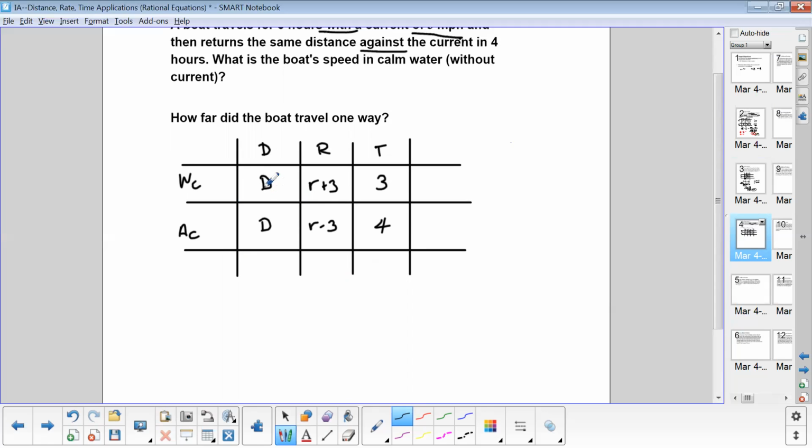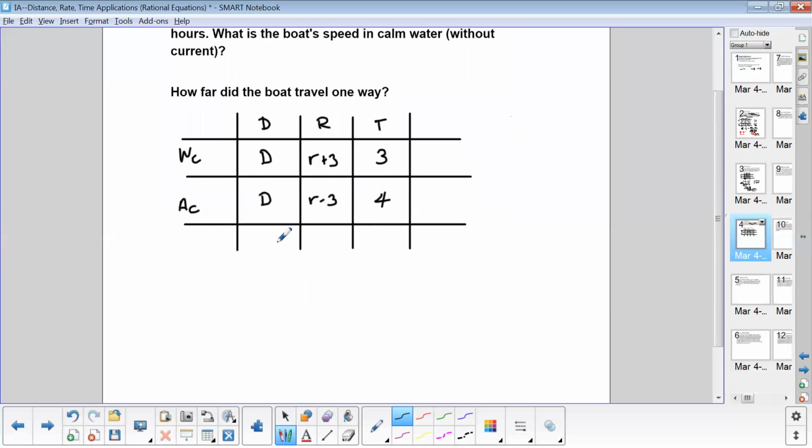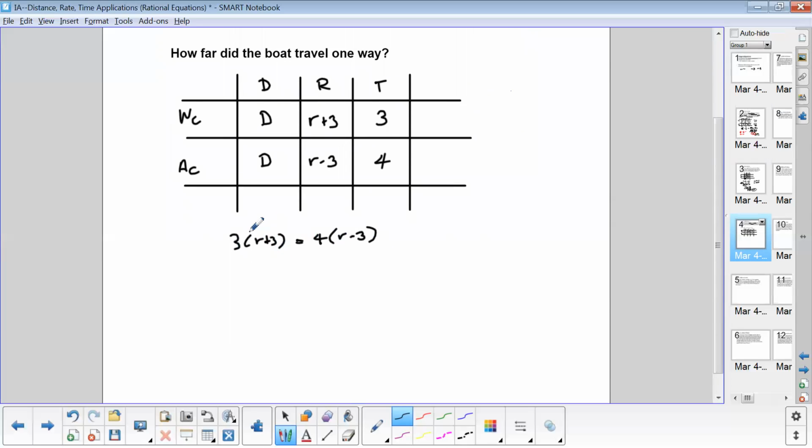So that means the distance is equal to rate times time. This distance is equal to rate times time. So I want to find out the speed. So it would be 3 times R plus 3 is equal to 4 times R minus 3. So this would be 3R plus 9 is equal to 4R minus 12.